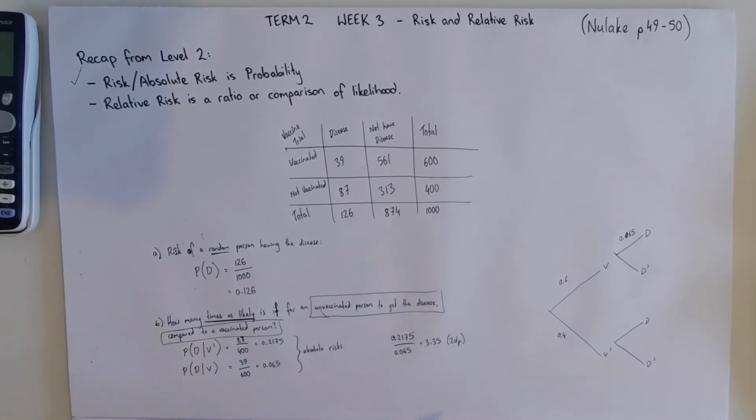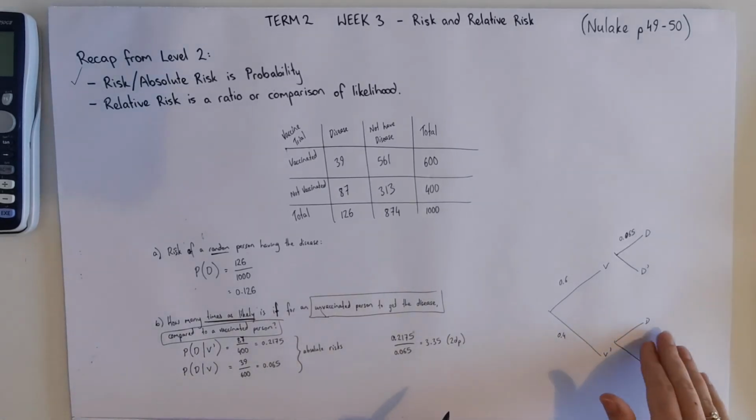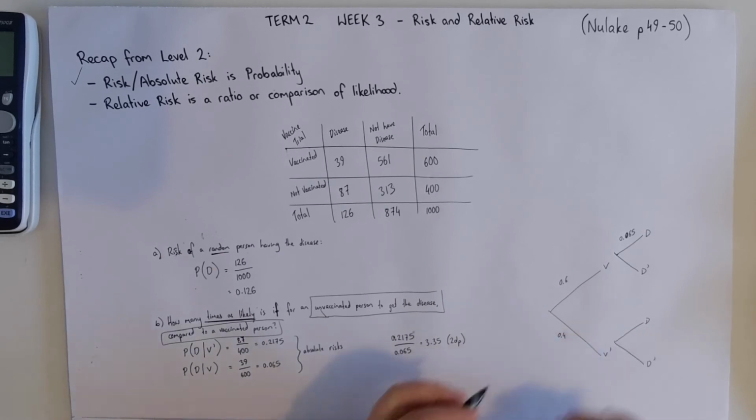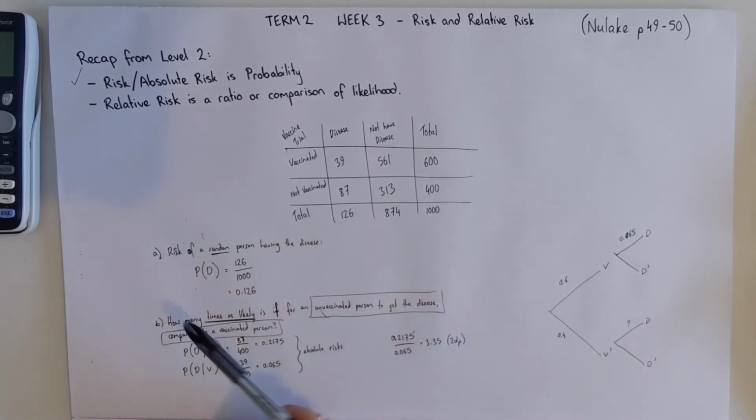Now, in another sort of question, you may not have been given the second probability down here, what we worked with in part B of this question when we began. You may not have been given your 0.2175.